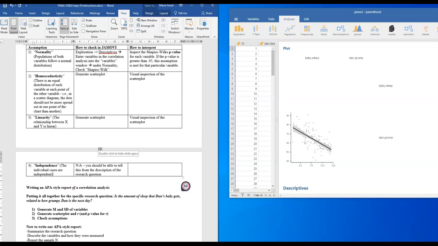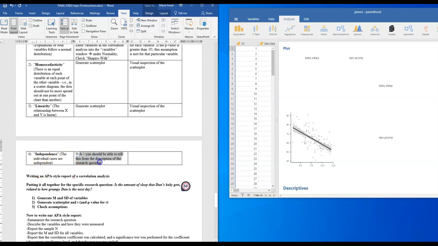That's a case of dependence because their scores would be dependent on each other. This is rare to see. I'm not going to give you an example, for the assignment for instance, where the assumption of independence has been violated.